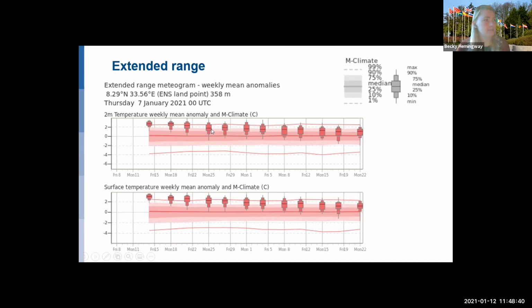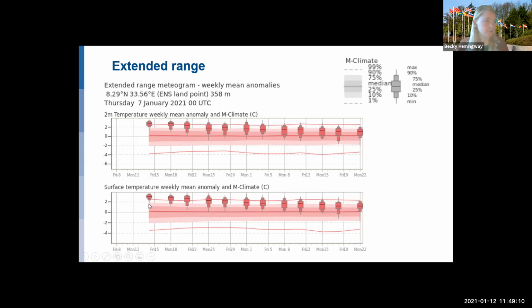And as we go out in time, so we get to Monday, the 22nd of February, so these are very extended range, we see that the temperature does start to get towards normal again. We can also see we've got an increase in the spread of these little box plots. So the ensemble members are suggesting that it is going to get closer to the model climate. However, we are still going to probably stay above the model climate for a significant period in this area.